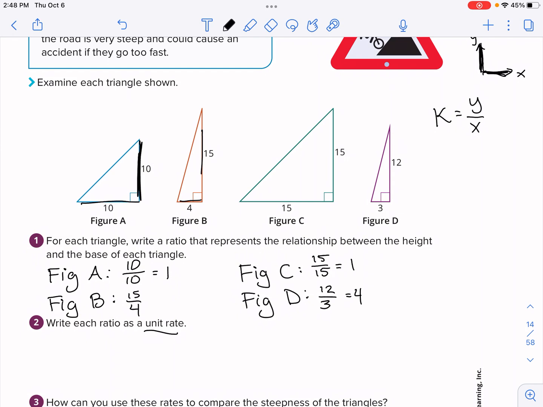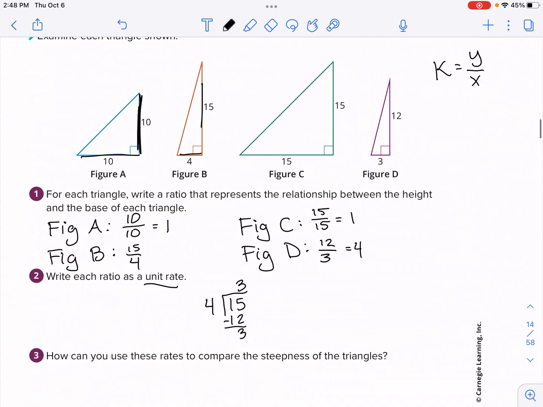Okay, let's go back to figure B. Now, for this, we can simplify. I'm going to set this up as a division algorithm. 15 divided by 4. 4 cannot go into 1, but it can go into 15. It looks like 3 times. 4 times 3 is 12. We'll subtract, not a 0. It is a remainder of 3. Let's extend our division symbol. Put decimals. I'll put a couple of zeros here.